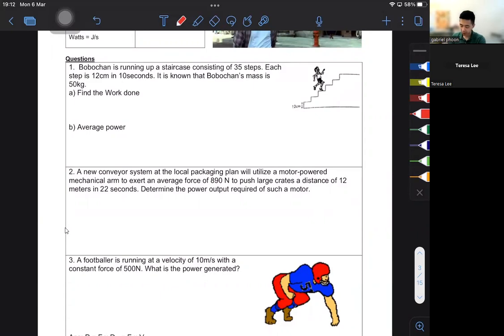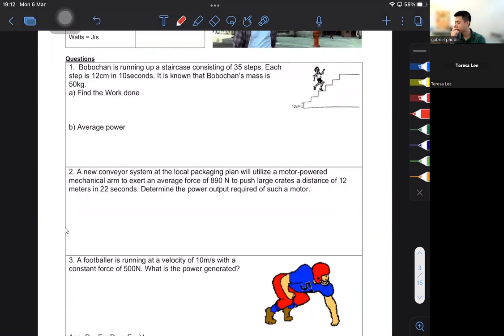You must use work done for this question. How do you know the distance? 10 meters. Is there also speed given? Write it down. What's the formula for speed? Distance over time.